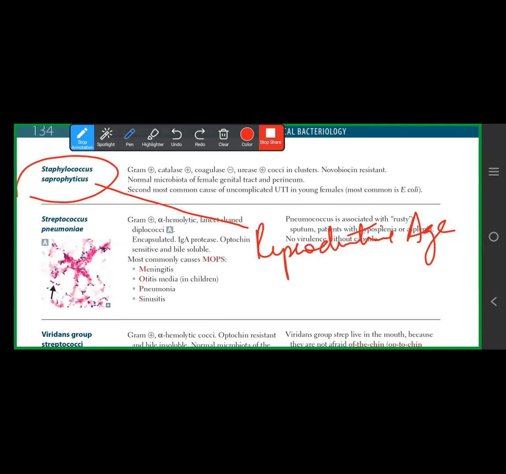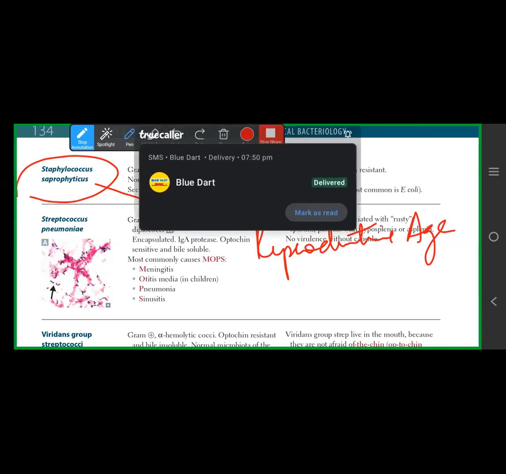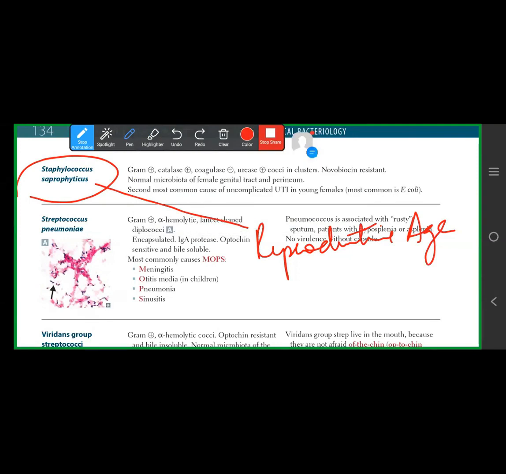Take any woman as an example who is coming with fever, dysuria, and burning micturition. You take the labs and see that the patient has an increase in WBC. When you see this presentation, what you have to remember is that the most common cause is going to be E. coli.